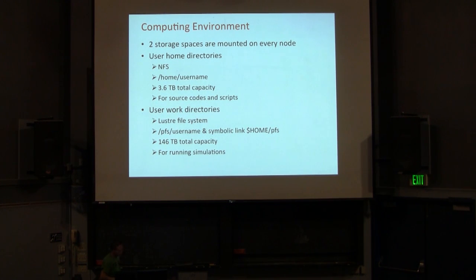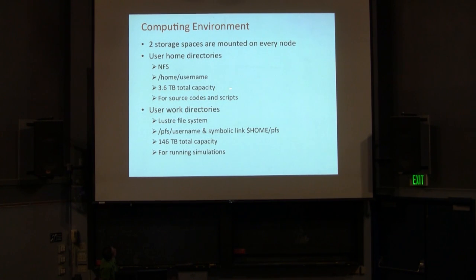Okay, so once you are in, you need to get familiarized with our computing environment. We have two storage spaces, which are mounted on all the nodes on Hyades. One is your home directory, which is an NFS mounted system, so it's relatively slow and has limited capacity.